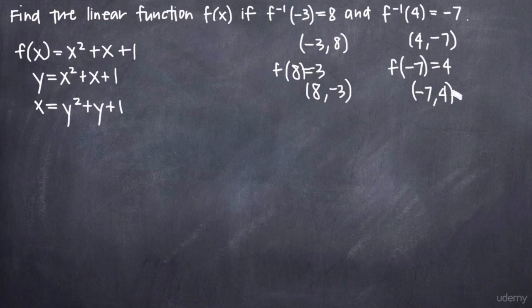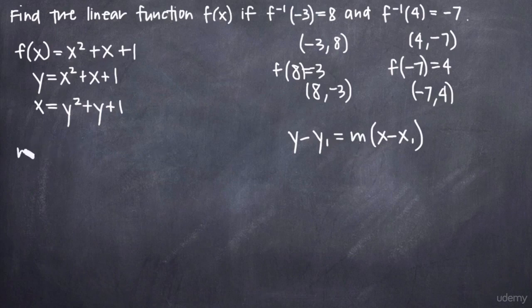So now that we have these 2 points, we can easily find the equation of the line from 2 points. We'll use the point-slope form for the equation of a line, which is y minus y sub 1 equals m, the slope, times x minus x sub 1, where x sub 1, y sub 1 is a coordinate point and m is our slope.